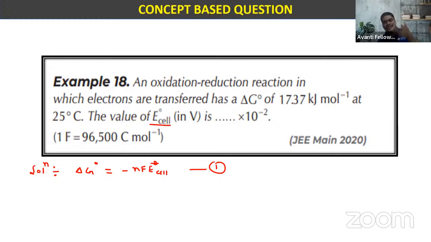First of all, find the value of n. What is n here? Then find the value of F. What is F here? Right? And then E naught cell. F is already given, 96,500 coulomb, right? Calculate.